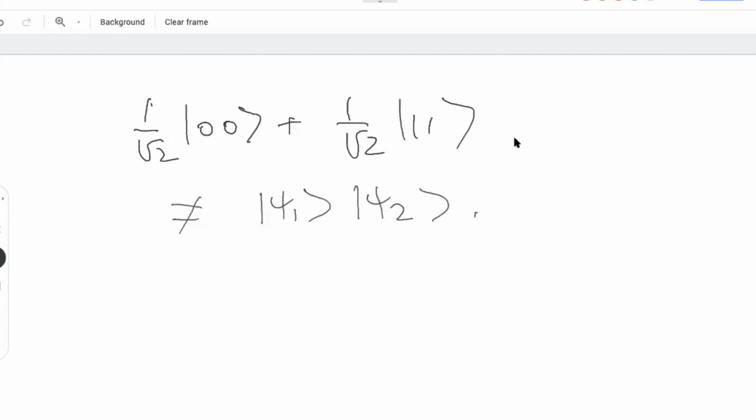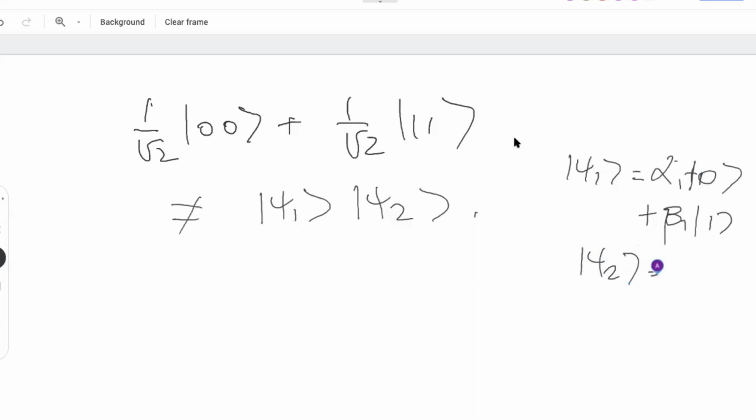So let's try Fauzan's approach, of writing these 4 equations and 4 unknowns. So let's see, psi1, let's call it alpha 1, 0 plus beta 1, 1. And then psi2, let's call it alpha 2, 0 plus beta 2, 1.